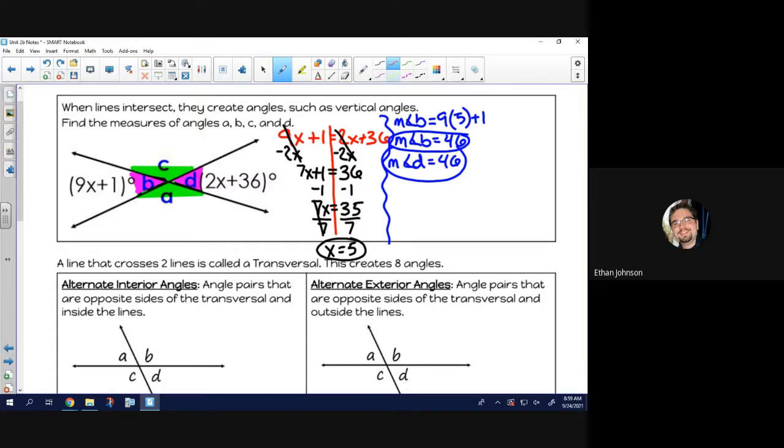So then the question becomes, how do we find measure of angle A or C? Well, angle A and B form a linear pair. Remember, linear pair means supplementary. So I know the measure of angle A plus the measure of angle B, which in this case is the 46, equals 180. I'll subtract 46 from both sides.